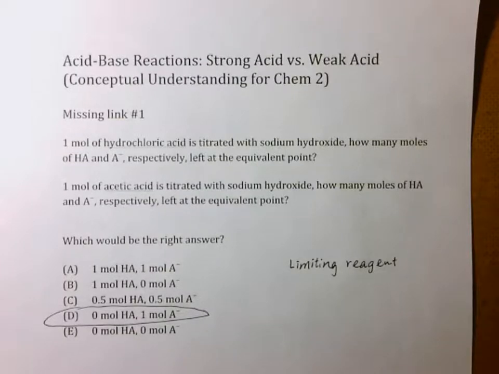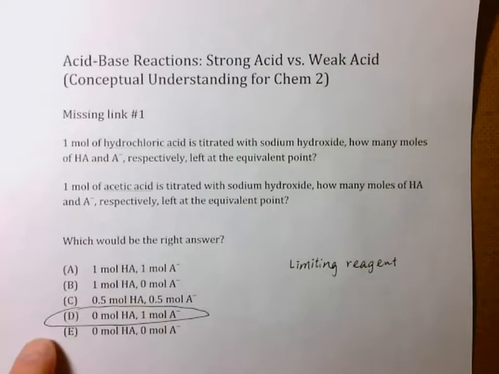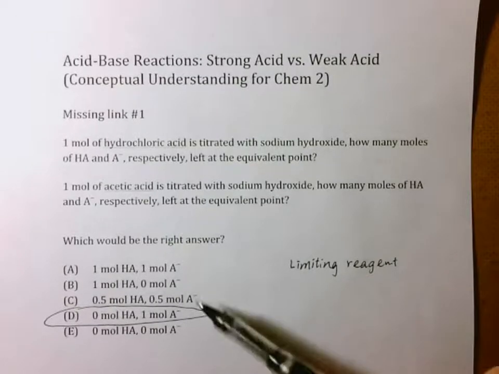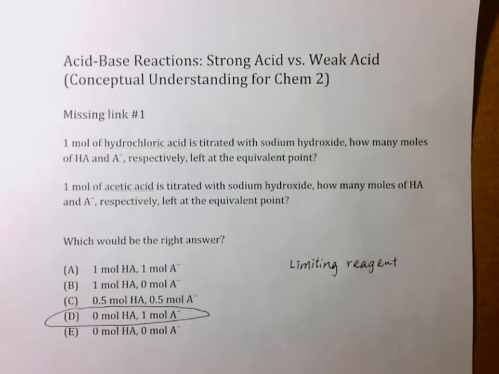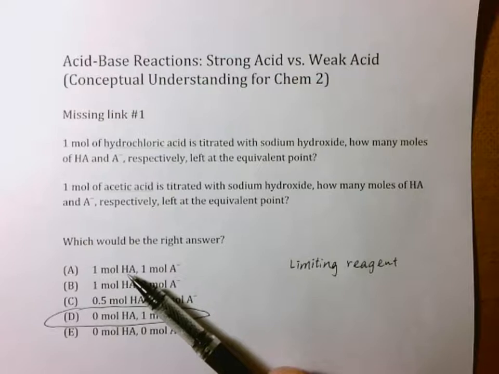The reason I ask this question is, in the classroom I ask this almost every semester, and I found that students tend to have two very popular answers. One is A, the other is D. And almost 50-50. Half will pick A, half will pick D. The reason students pick A is that they think about the titration graph.